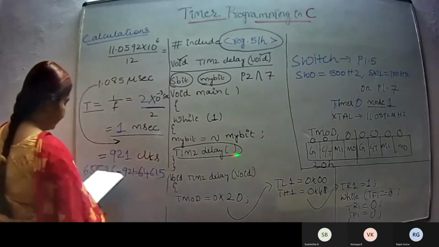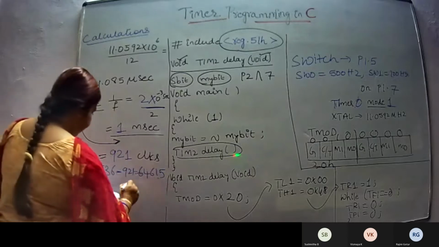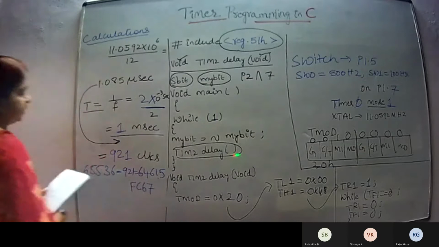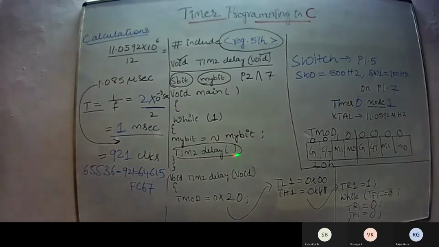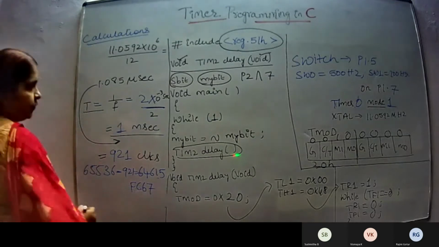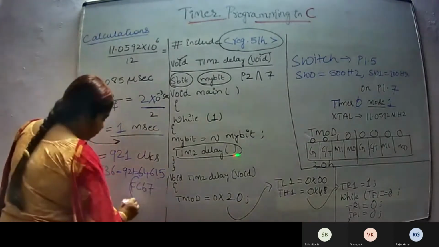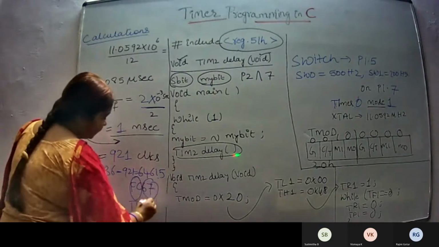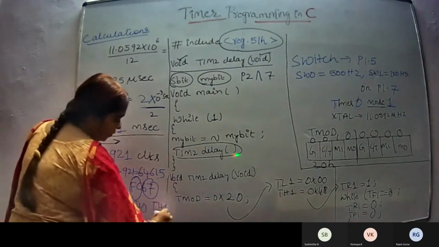Convert it into hexadecimal. The value is FC67 in hexadecimal. So the FC should be loaded for which timer? It is timer 0, so this is for TH0.